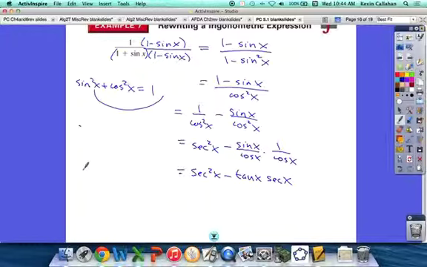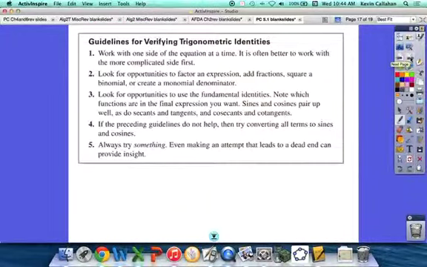Good. So when we get to the next section, which will be next week, and we're verifying trig identities, you could see, especially if you get to number 2 in this list of guidelines: look for opportunities to factor an expression, add fractions, square a binomial, or create a monomial denominator.